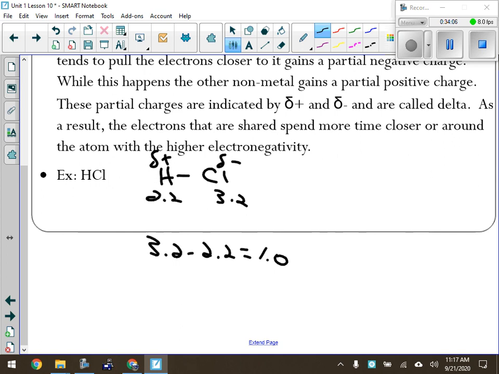This is most certainly not ionic. We're just not sharing the electrons equally, all right? Good? Everyone's got that if they need that. So that's how we can subtract them to find out what the difference is and decide what they're behaving like.